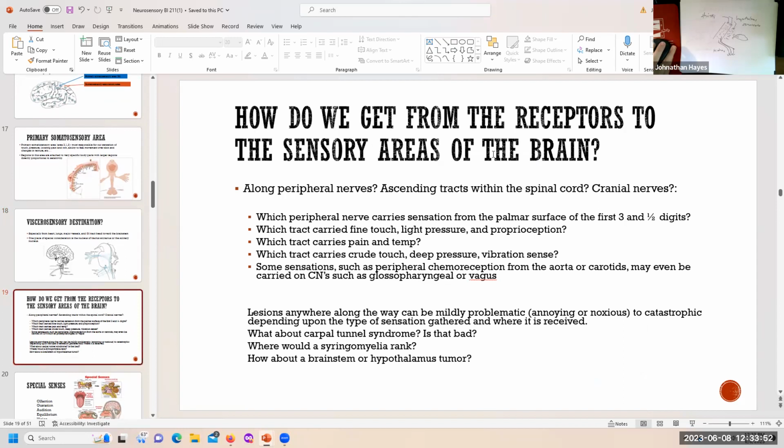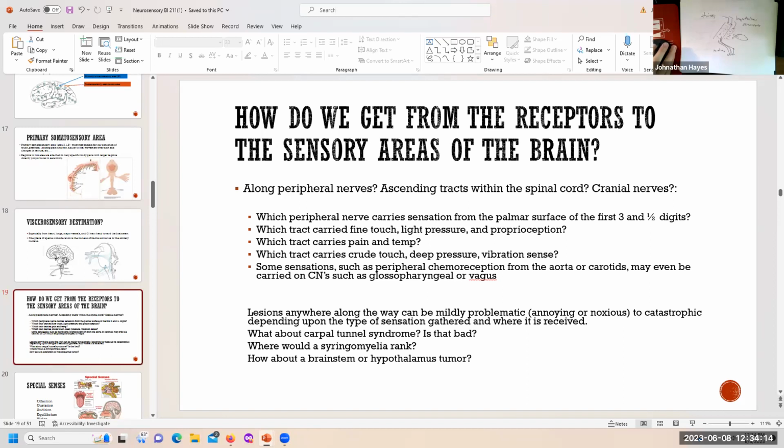Let's see. How do we get receptor information to the brain? Again, it could come from peripheral nerves if we're picking up touch, pressure, proprioception, and they'll be very specific for what areas of the body they're responsible for. If it's special senses, then it's going to be carried on cranial nerves, right? If it's viscerosensory, sometimes it's cranial nerves again, believe it or not.